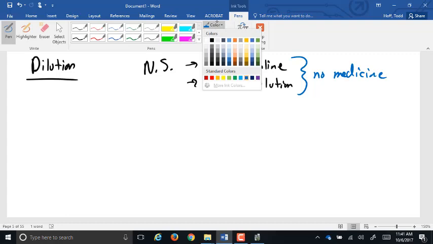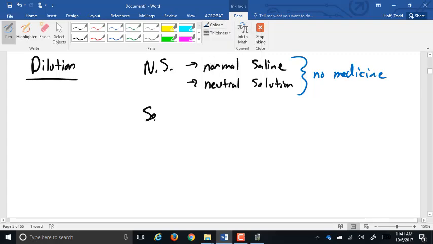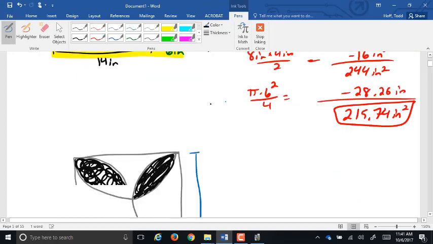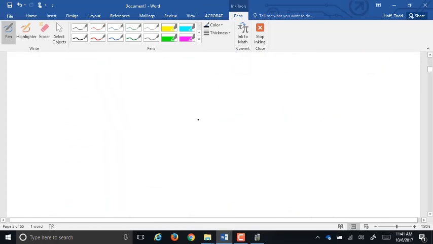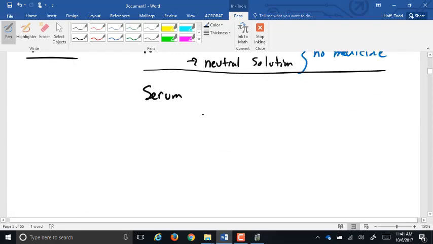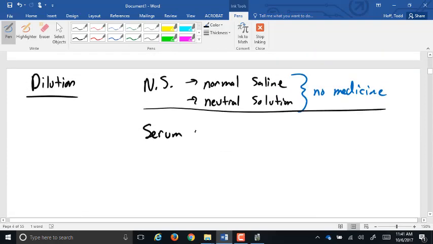Then the other phrase we're going to use is the term serum. Serum, again, can have several different connotations. It can be the medication itself. Serum can be a medication.